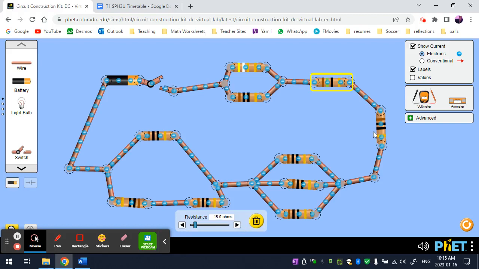This one, 20. How about this one? Sorry, 20. How about this one? 15. How about this one?